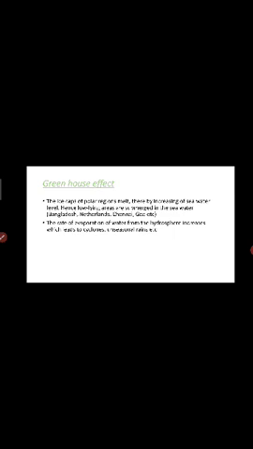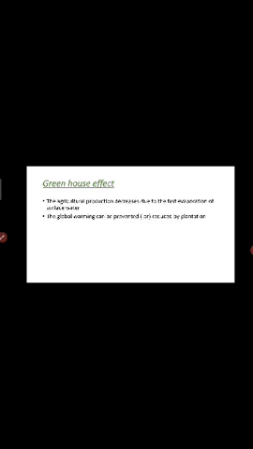This is very important, and agricultural production decreases due to the fast evaporation of surface water.